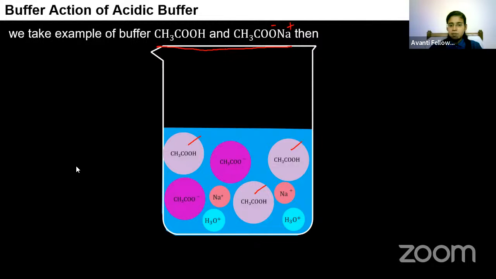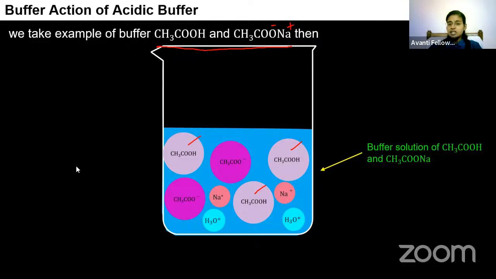So we have the Na plus cation and the acetate anion. Also, we have H3O plus, because it is put inside water, and the water molecule takes the hydrogen, so we get H3O plus also. This is the buffer solution of these two combined.